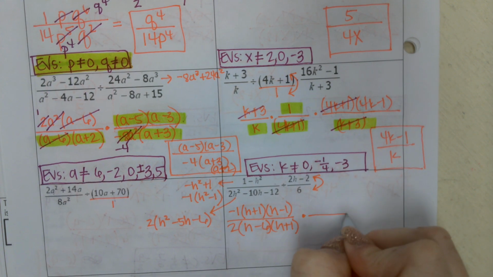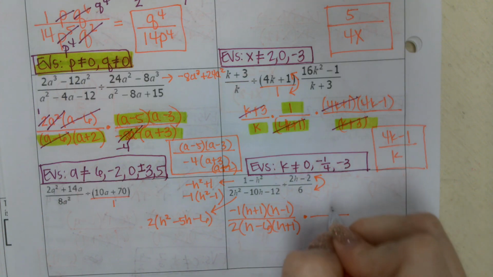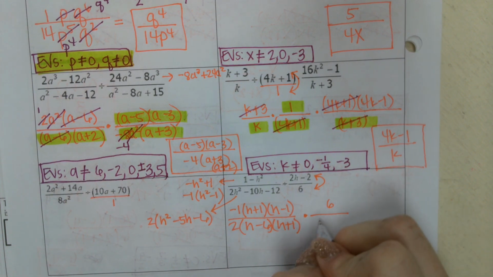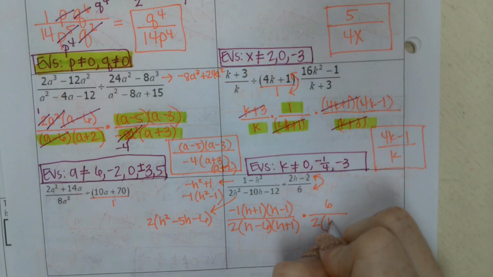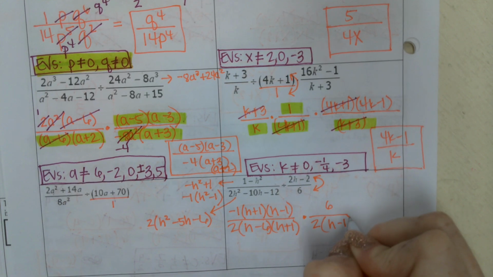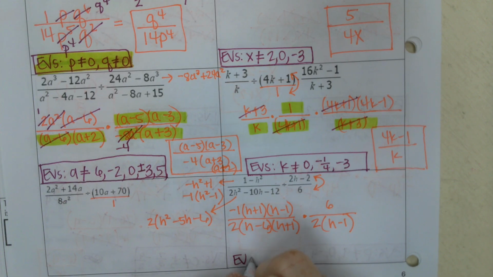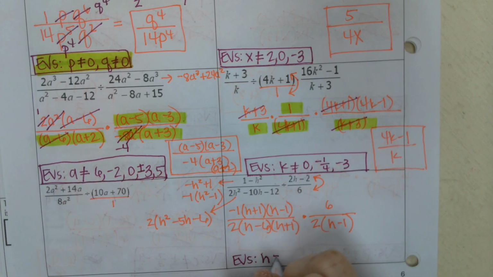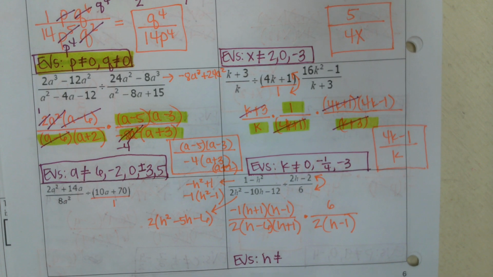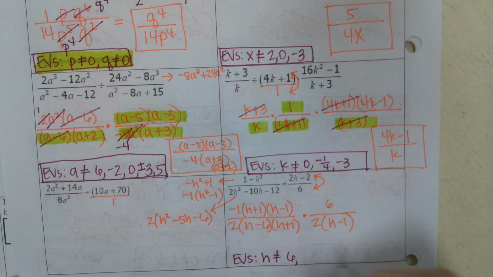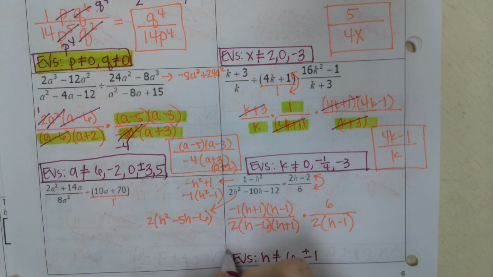And then I multiply by the reciprocal. 6 goes in the numerator. I'm going to factor out a GCF of 2 down here. So what can h not equal? 6, negative 1, and positive 1.